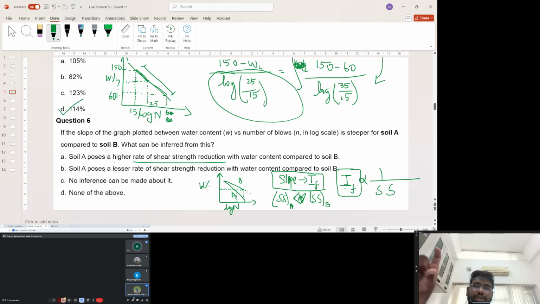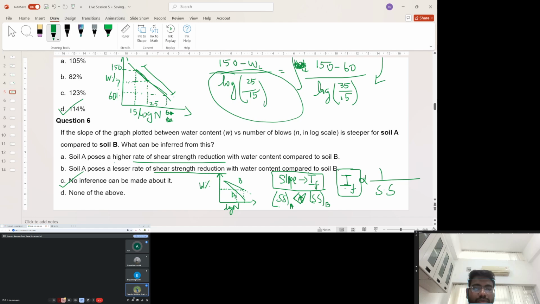So this question, why I have included, is that it poses an ambiguity. So you should be very careful in approaching this. In this, actually the ideal answer is, as far as shear strength reduction is considered, no inference can be made.